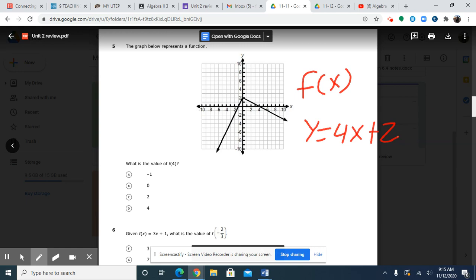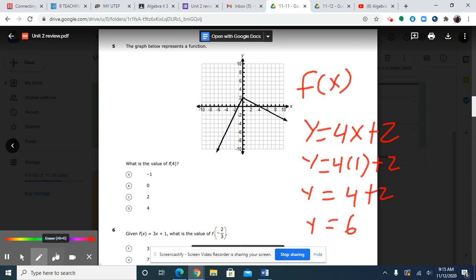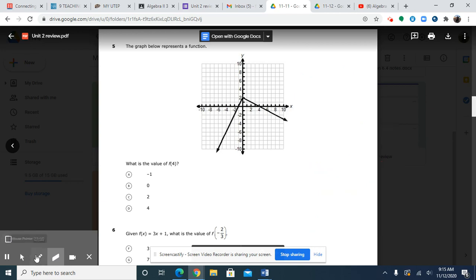So if we were to plug in a value, let's say we're going to plug in 1, we can see that 4 times 1 is 4, and then 4 plus 2 would give us 6. So y is equal to 6. All we're doing is doing the exact same thing, but we're going to replace y with f of x.